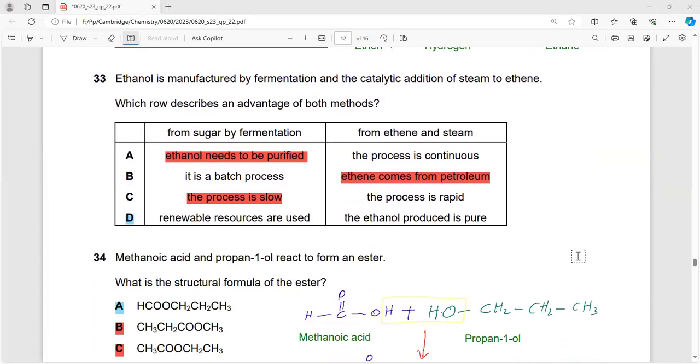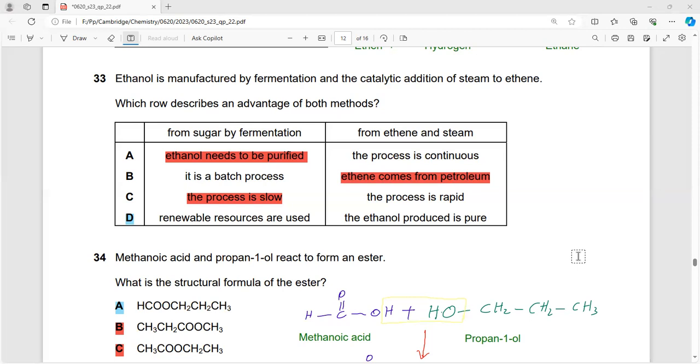Ethanol is manufactured by fermentation and by catalytic addition of steam to ethene. Which row describes an advantage of both methods? Now in this option, you can see from the sugar by fermentation, the ethanol needs to be purified. This is a disadvantage. While in option B, it's from ethene, and it's coming from petroleum. So these are non-renewable resources.